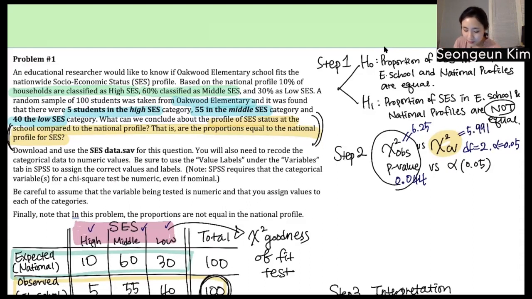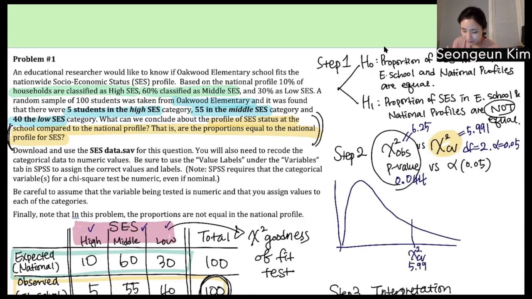Since the observed chi-square value, 6.25, is greater than the critical value, let's draw the chi-square distribution. This is the chi-square critical value, 5.99. After the critical value is the rejection area, and my observed value is 6.25. So we reject the null hypothesis.